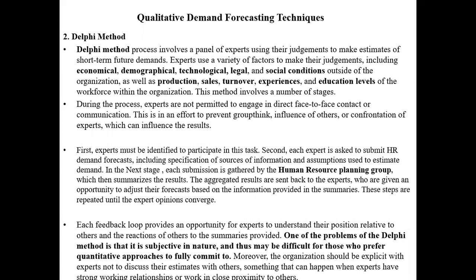But with the qualitative one, you realize individual orientations and subjectivity will be playing a cardinal role in the forecast. So you may not also have the luxury of time to accommodate all these back and forths. And that is why it is quite uncomfortable for people that are more interested in quantitative approaches to ascertain some of these estimates.